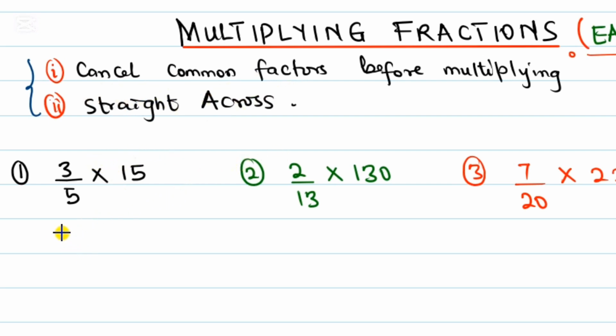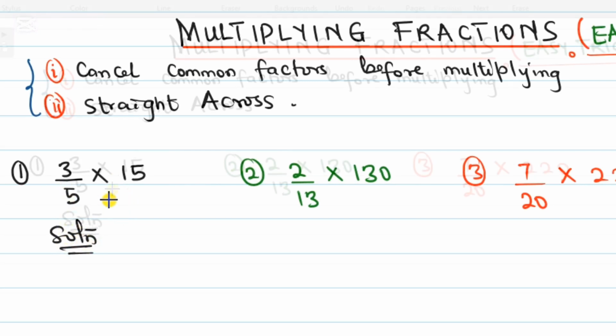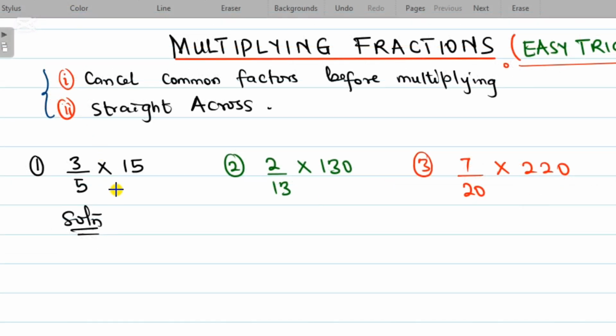All right, so we have examples here. The first one says 3 over 5 multiplied by 15. Of course you can also write this one as a complete fraction. So what do I do here?